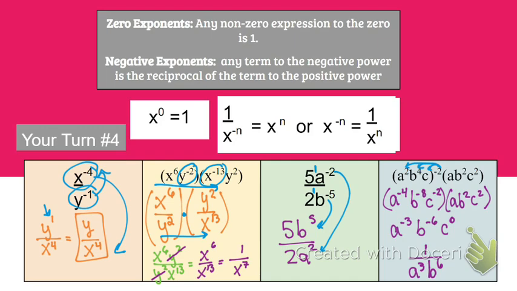And then after that, I used the product rule, where I added the exponents. So I kept the same base and then added the exponents to simplify a little further. Then I knew that anything raised to the 0 is 1, so c to the 0 is 1. And the a factor and the b factor both moved to the denominator since they had negative exponents.